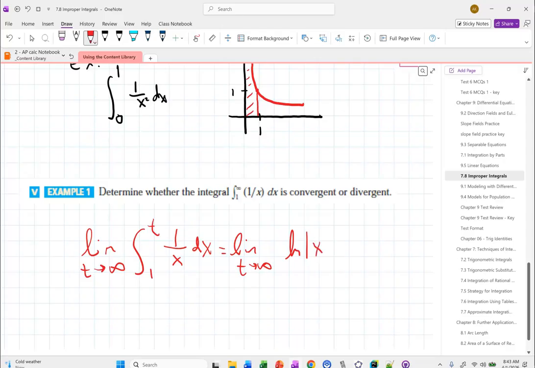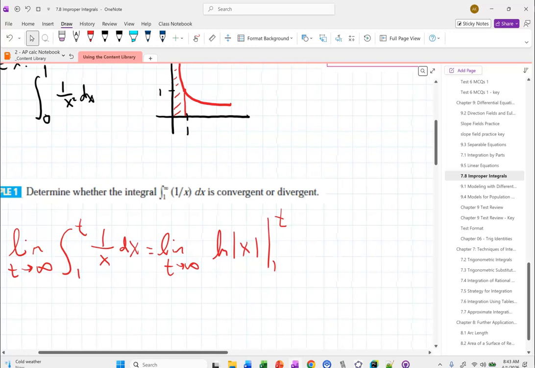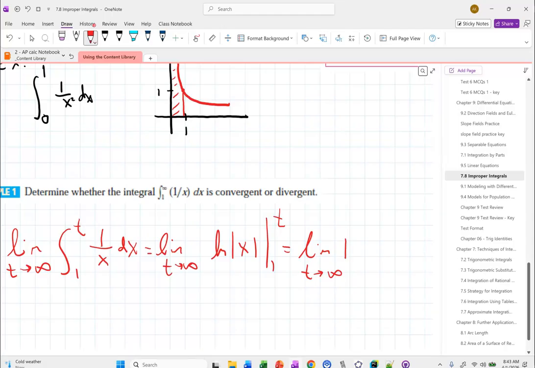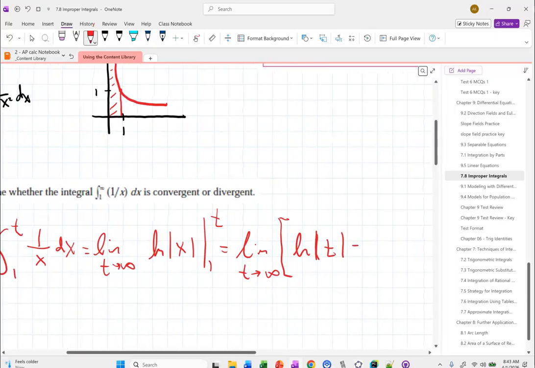Natural log absolute value x, and we're evaluating that from 1 to t. So if we do that, we have natural log absolute value t minus natural log absolute value 1.